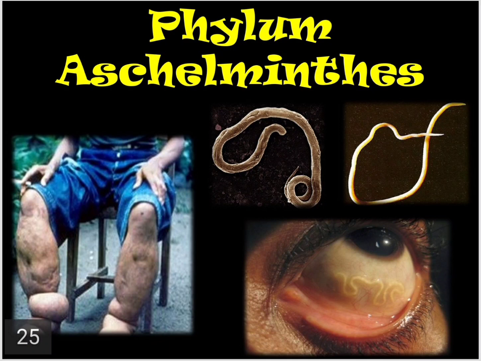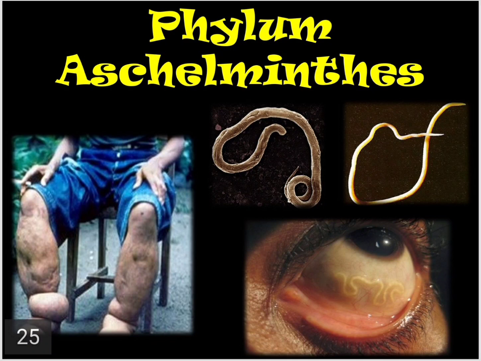The next phylum we look at is called phylum Aschelminthes. Now, if you look at these particular pictures, there are 2 worms on the top. First, there is a picture of that man with very swollen legs. Next to that on the top you have a picture of a worm which is called Ascaris. It is an intestinal worm, found in the intestines of animals.